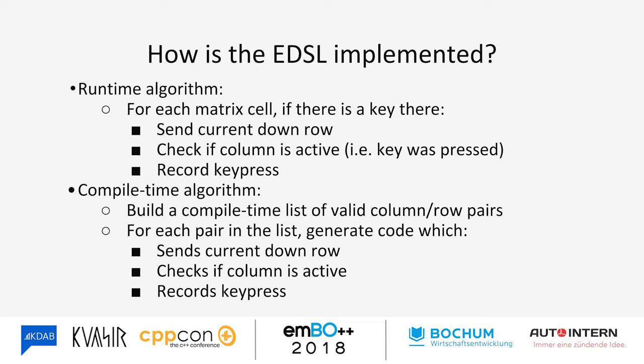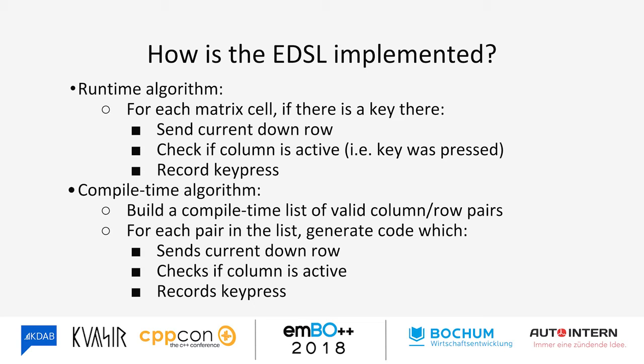One of the problems here is this top line: for each matrix cell, if there is a key there. This is a conditional branch which we're making every single time we're going around our matrix, and we're doing that all the time to record all our key presses. So maybe there are some ways your branch predictor can help you there, but in the end you're going to be making a lot of conditionals where you actually know all of this at compile time.